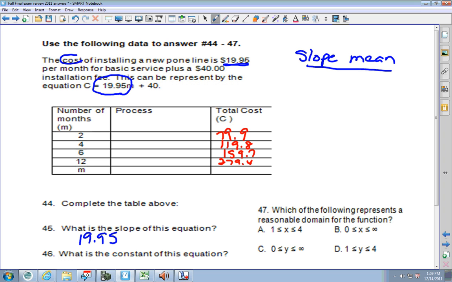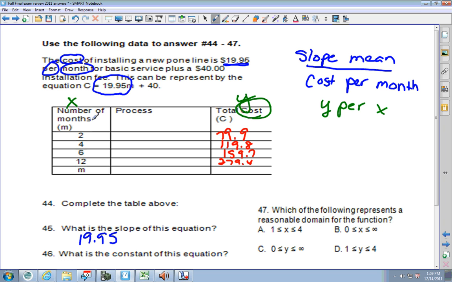It is the cost per month. I could also get that because remember I talked about slope being y per x. Well, here's the x and here's the y. Cost per month.